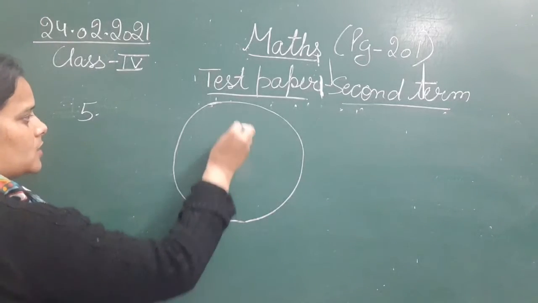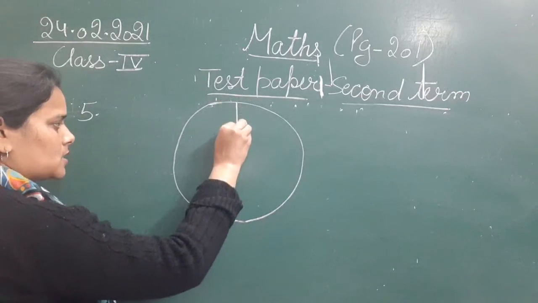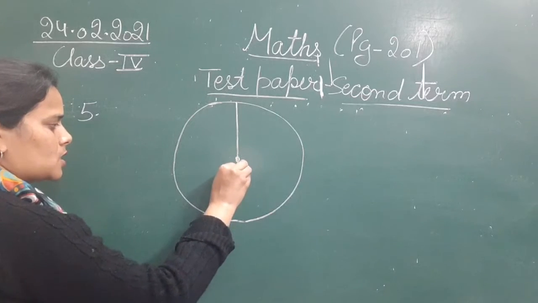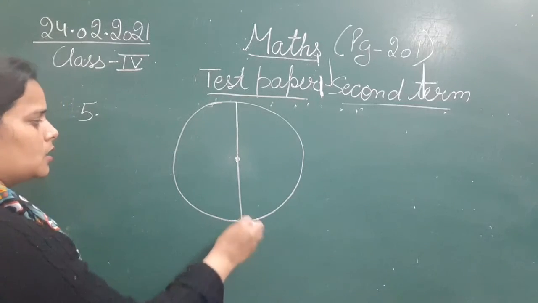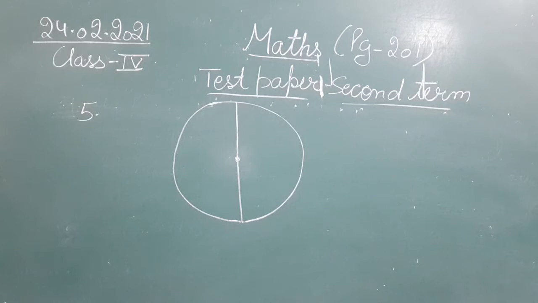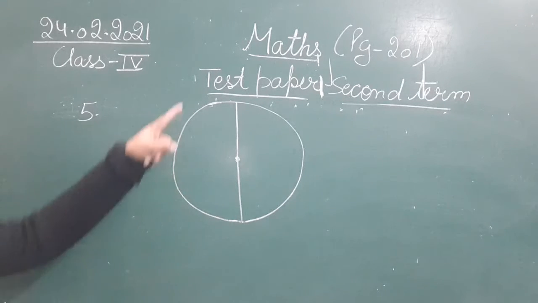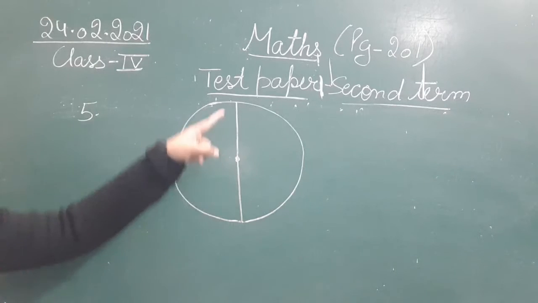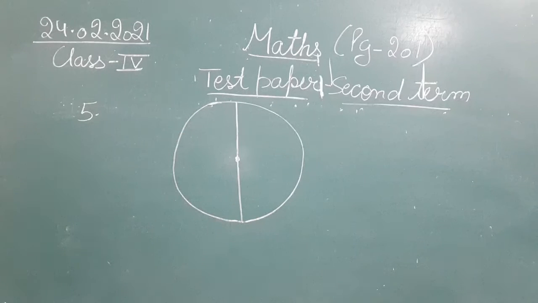Okay, and when a line touches these two sides of a circle while passing through its midpoint, जब कोई भी line सर्कल के मिड पॉइंट से पास होते हुए सर्कल को दो एंड्स पे टच करती है, दैट इज नोन एज डायमीटर.